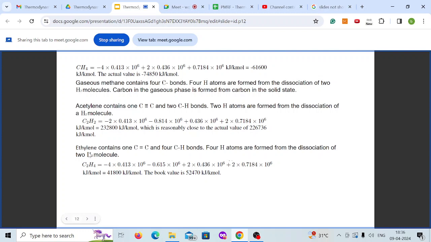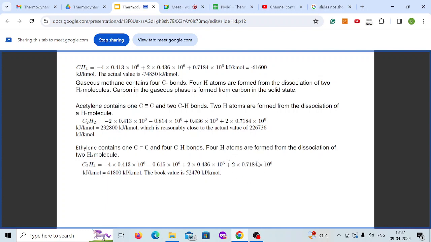Next is ethylene. Ethylene is C2H4. This contains one C double bond C and 4 CH bonds. For the 4 CH bonds, you need to break 2 hydrogen molecules and you need 2 carbon atoms. So minus 4 into 0.413 into 10 power 6, and minus 0.615 into 10 power 6, which is the C double bond C energy, plus the 2 H2 bonds which you are breaking, 2 into 0.436 into 10 power 6, plus 2 into 0.7184 into 10 power 6.